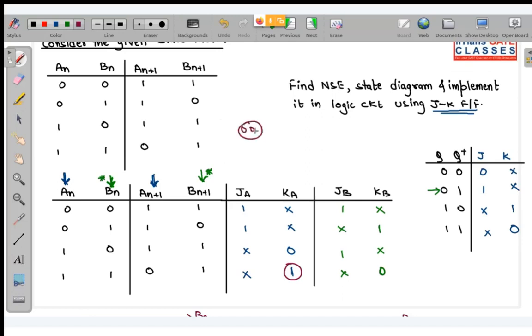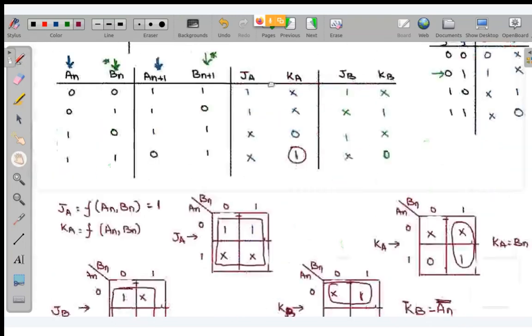It will be 00 to 11, then from 11 to 01, then from 01 to 10, and from 10 to 11. Tell me if this is clear or not. Is this clear, everyone? Okay, so you guys can copy now. Copy very quickly.